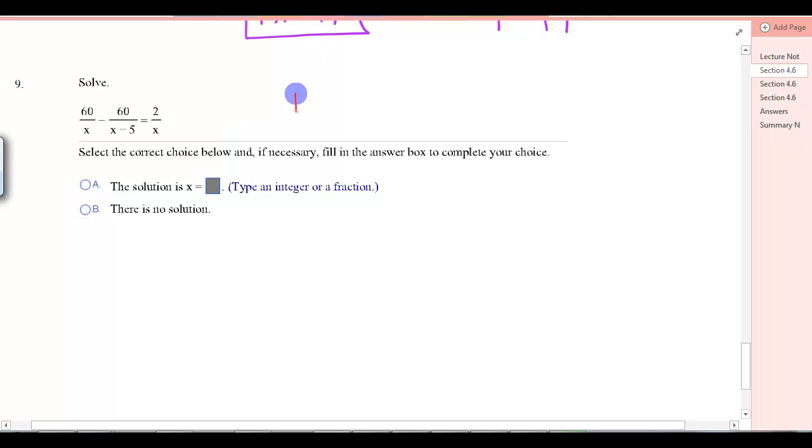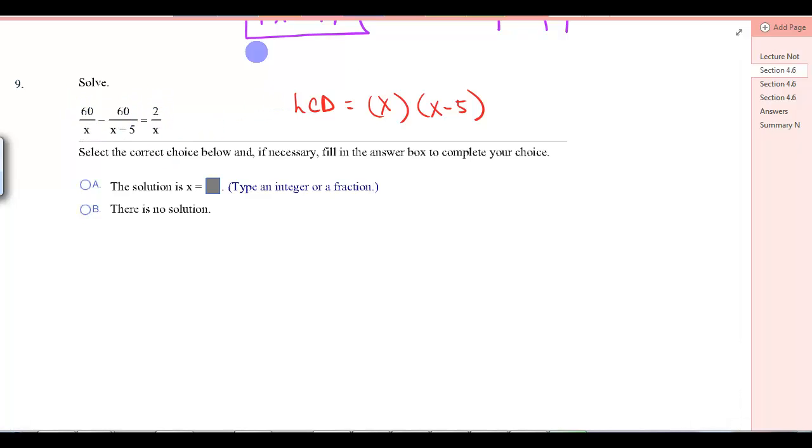So if we come to the x thing, we want one of those for sure. We come to the x -5 thing, put that on the plate. Come to the x, nope, we already have that, we don't need that one. So this is my LCD, and I need to multiply each of these pieces by that LCD.